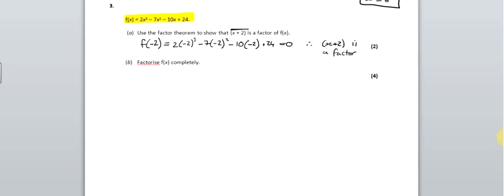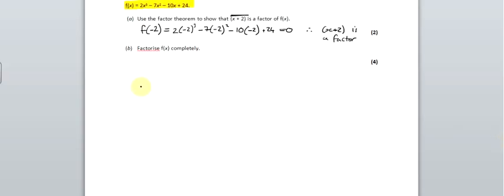Now we're going to factorize this function completely, which means we're going to divide through by our factor and see what's left. So we've got x plus 2, and then we divide this cubic, 2x cubed minus 7x squared minus 10x plus 24.